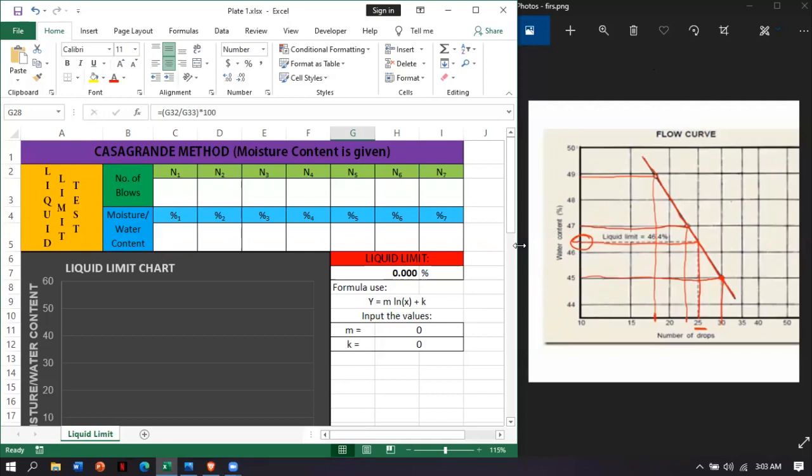I'm one of our members that are going to explain the program that we have made on how to determine the liquid limit.